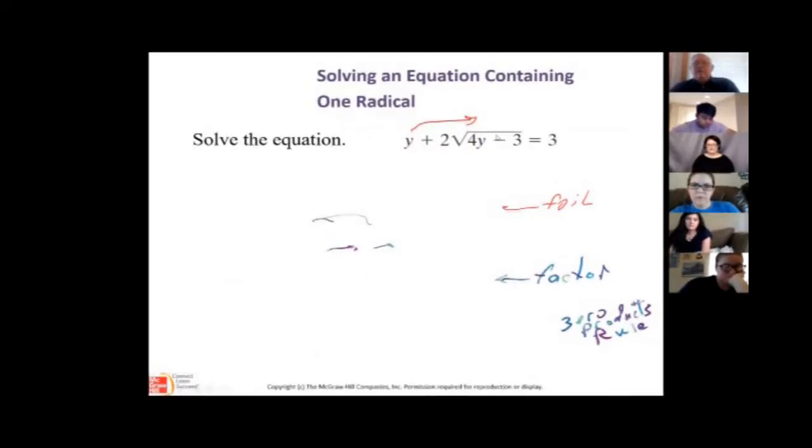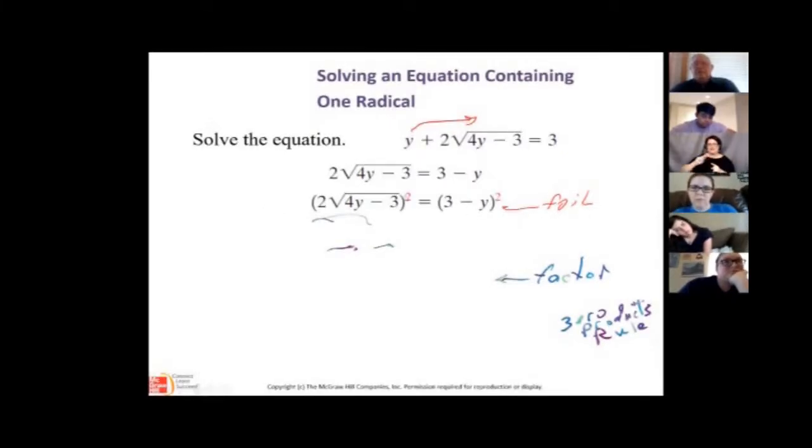Now we've got a variable on here as well as numbers. So let's get the variable on the other side so we've got this radical isolated. Now, I could divide both sides by 2, but that would make this thing terribly complicated. So I'm going to leave this 2 here when I square both sides.